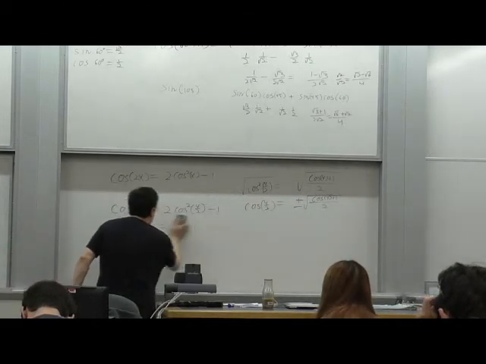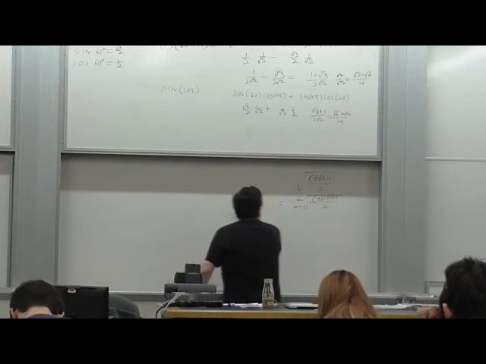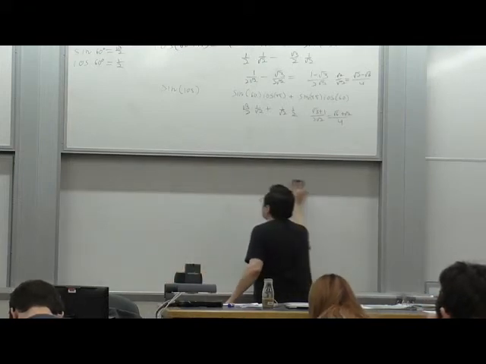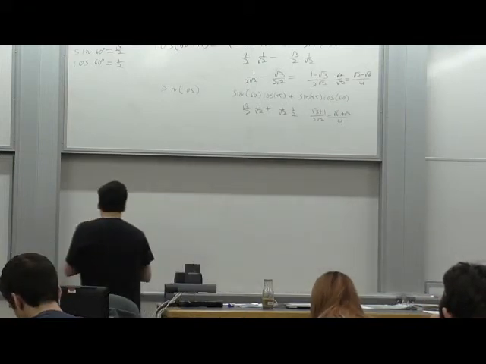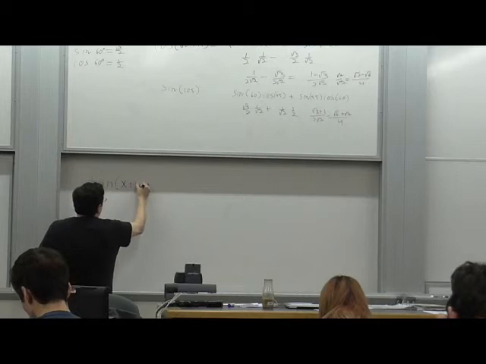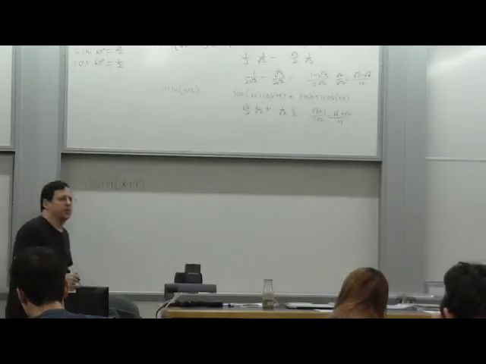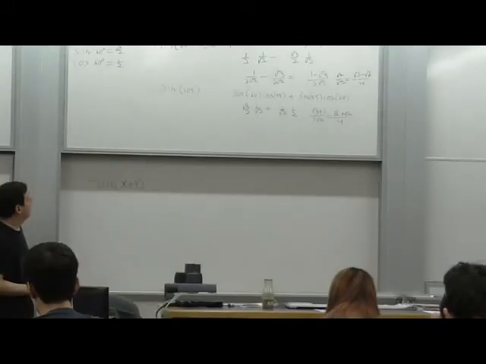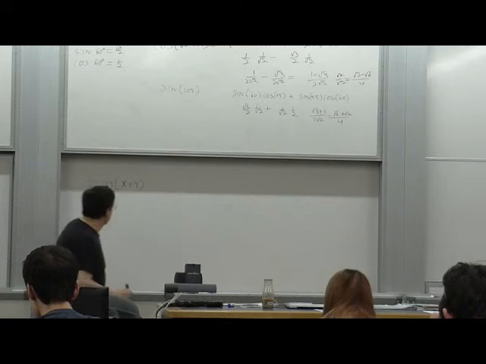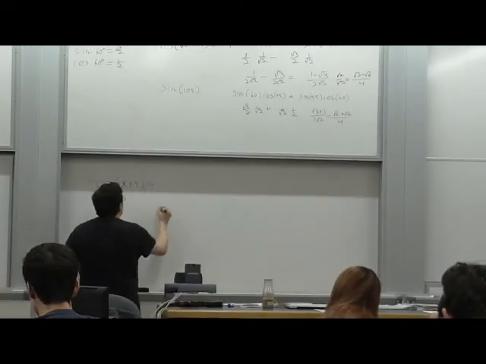All right, back to low-hanging fruit. Tangent of x plus y. We don't have to do anything real fancy again, like we did for the cosine and the sine. I can just use what I know about tangent of x, right?